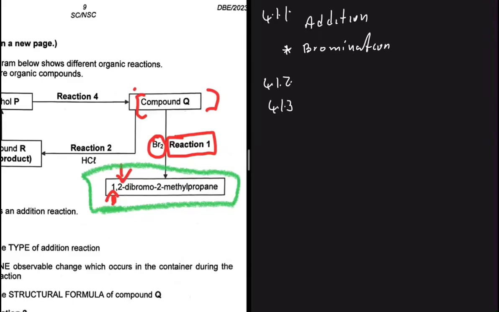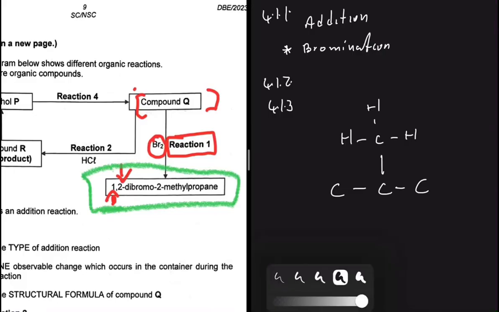So what am I saying? We have 1, 2, 3 carbons for propane, and on the second carbon we have a branch which is methyl, so we need only 1 carbon here. When we add Br2, one Br will be on the first carbon and the other Br on the second carbon, so there used to exist a double bond there before we added Br2.